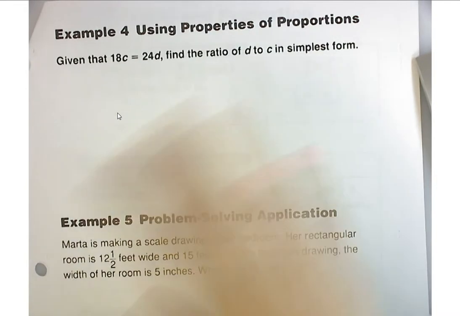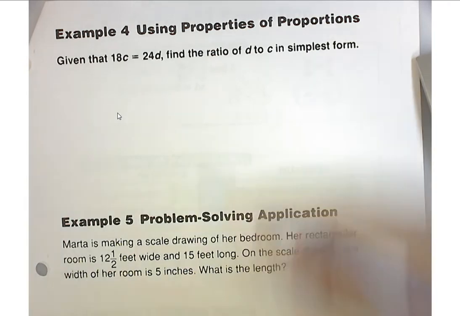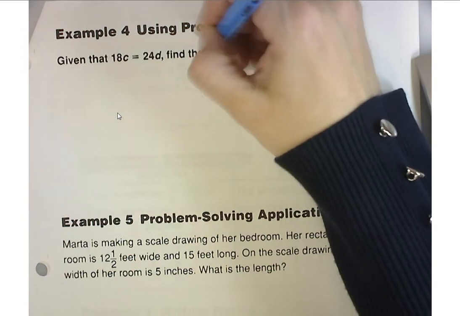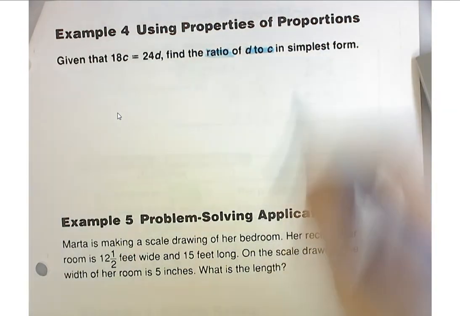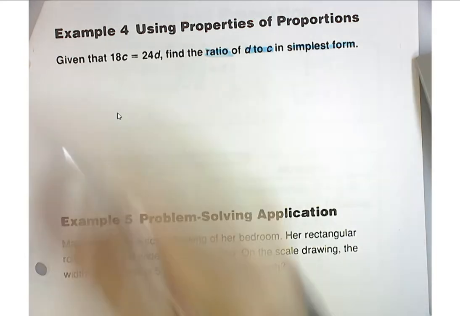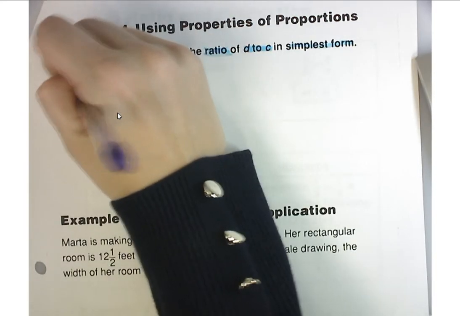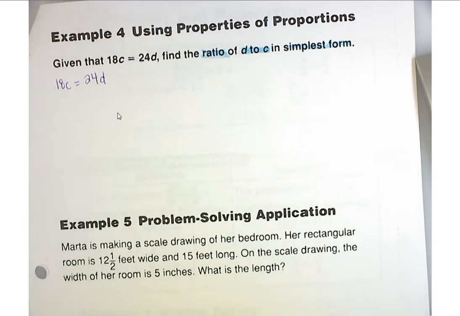Okay, so for example 4, you're using properties of proportion. So you are given that 18c is equal to 24d, and you have to find the ratio of d to c in the simplest form. Okay, that means if you have a fraction, you're going to reduce the fraction. So if you're given 18c equals 24d, you have two different choices.